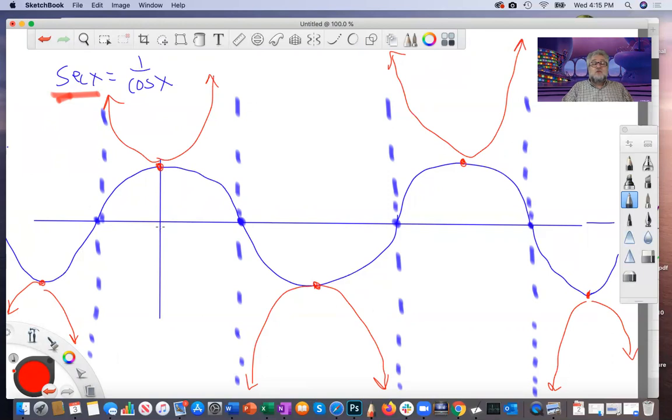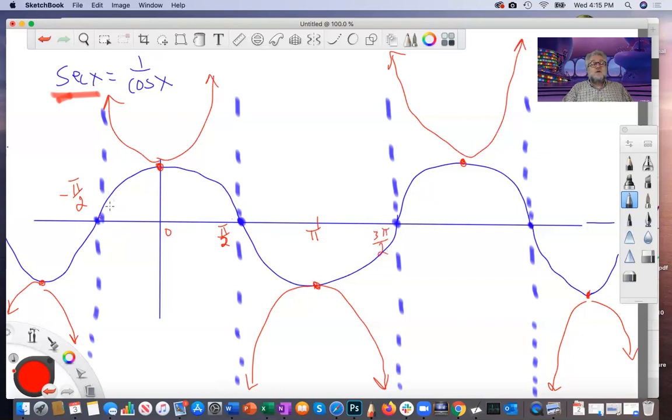Notice we're still going from here, this is minus pi over 2, to here, which is, so that's 0, pi over 2, pi. What am I doing? I want to go from here to here. So this will be 3 pi over 2.